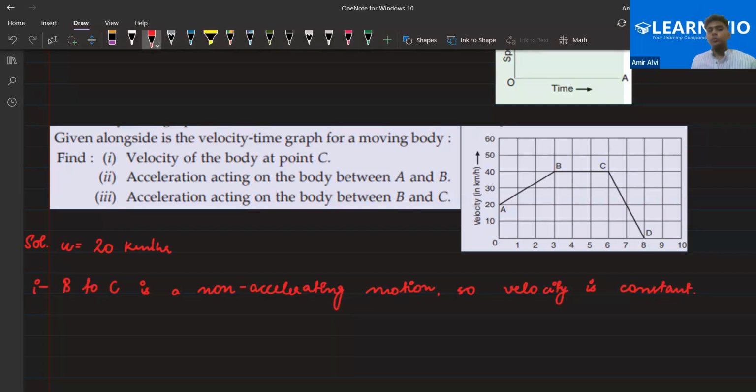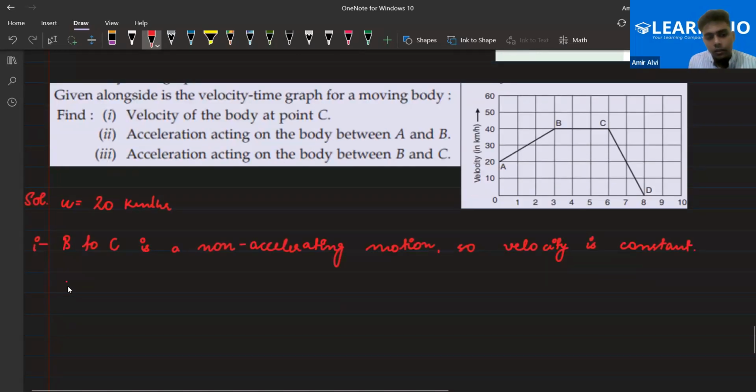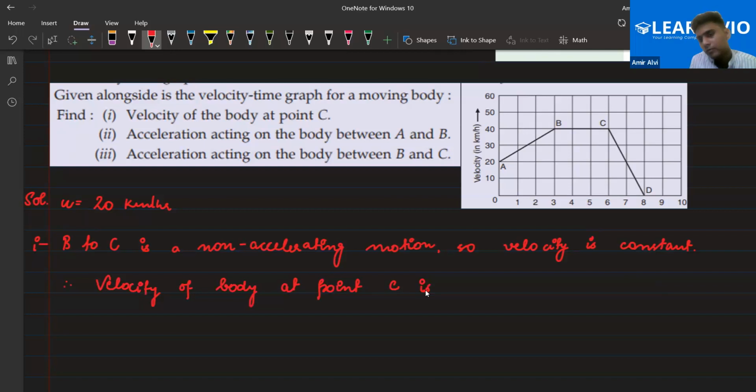So velocity is going to be constant. By that, we can say the velocity of the body at point C is 40 kilometer per hour. Is this clear to all of you? Please let me know once.